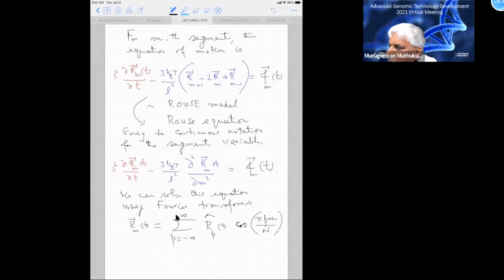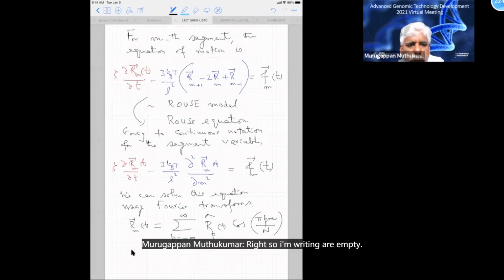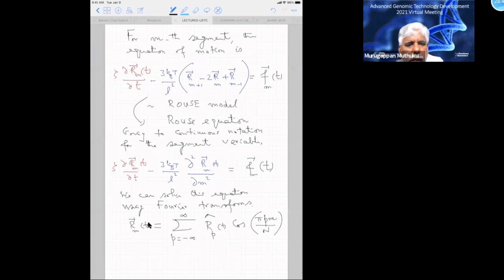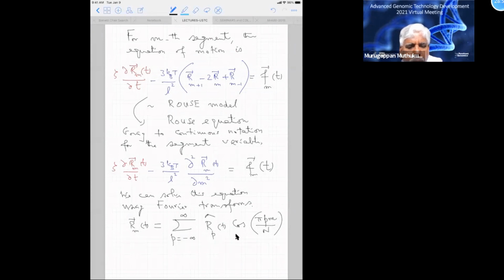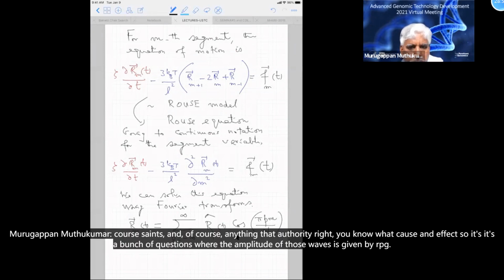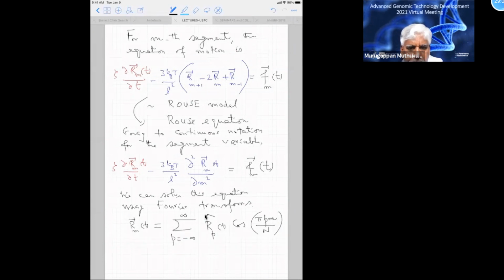Cosine. So I'm writing R m t, the position of the monomer, as a collection of cosines. And cosine is oscillatory, you know what cosine is. So it's a bunch of cosines where the amplitude of those waves is given by R p t.